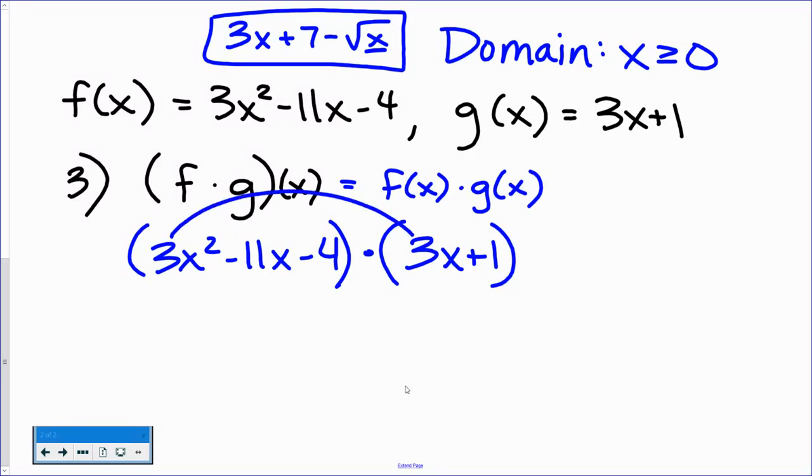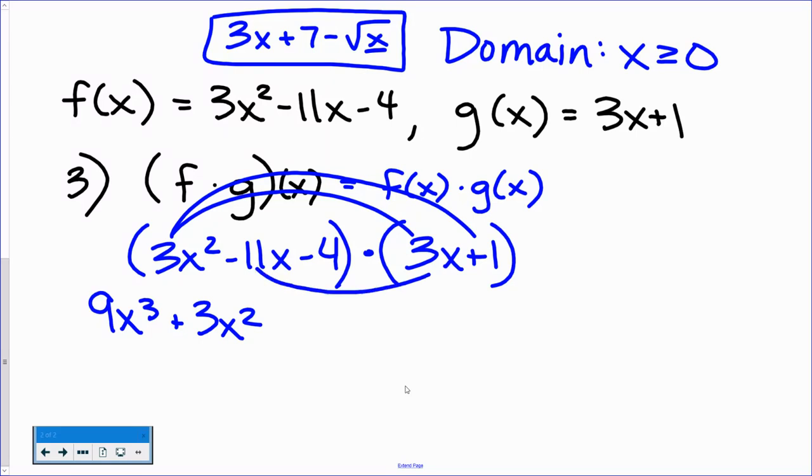So I need to make sure I take 3x squared times 3x, so that would be 9x to the third. I need to take 3x squared times 1, so plus 3x squared. Now I need to take negative 11x times 3x, so negative 33x squared. I need to take negative 11x times 1 for negative 11x.